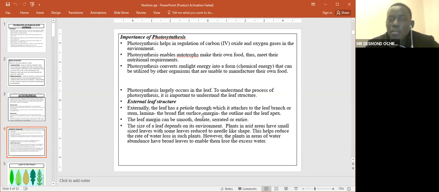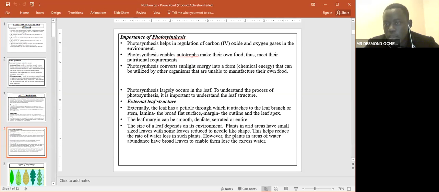So it is always important to keep these gases at a balanced level. It is important to balance these gases because photosynthesis is a process which requires carbon dioxide. Actually, carbon dioxide is the gas that is involved in the process of photosynthesis. So when carbon dioxide is used up during photosynthesis, oxygen is produced as a byproduct from the process.